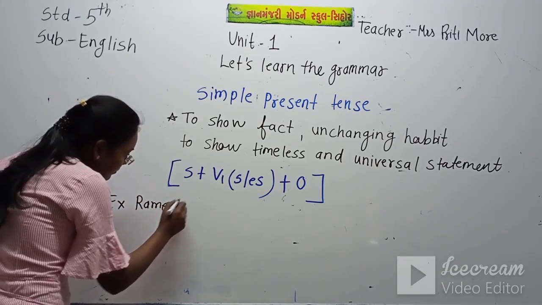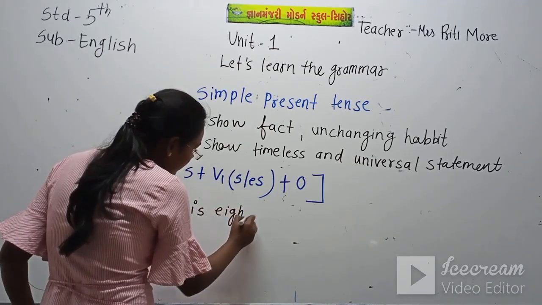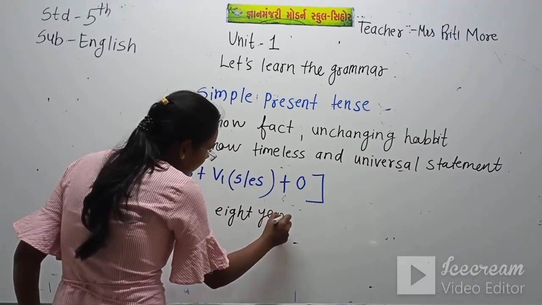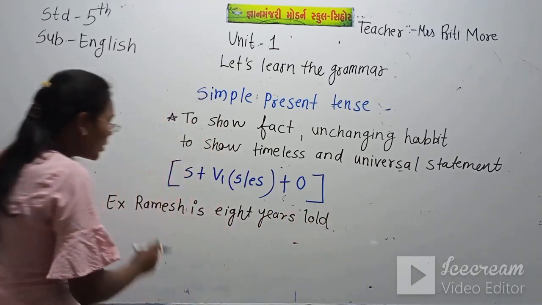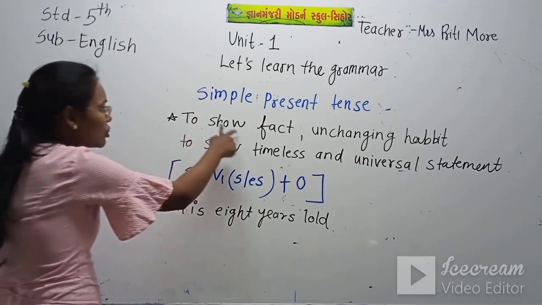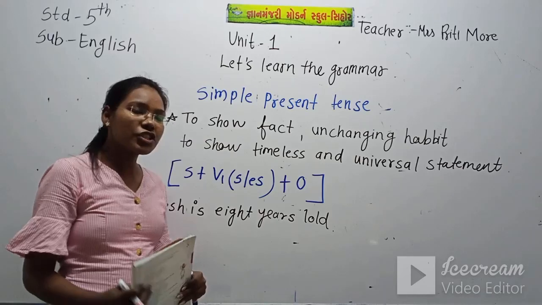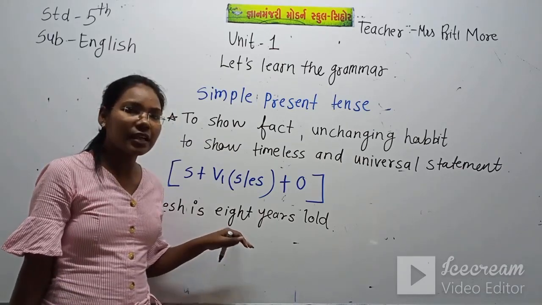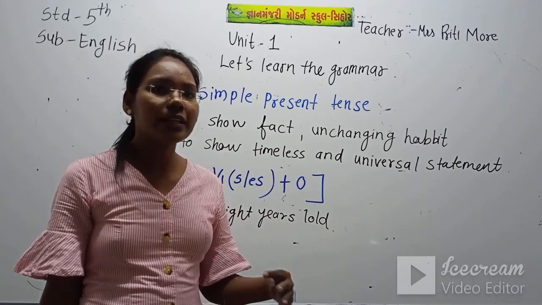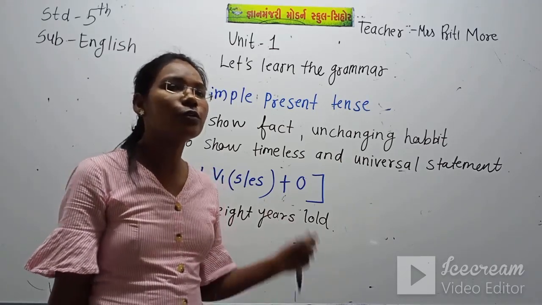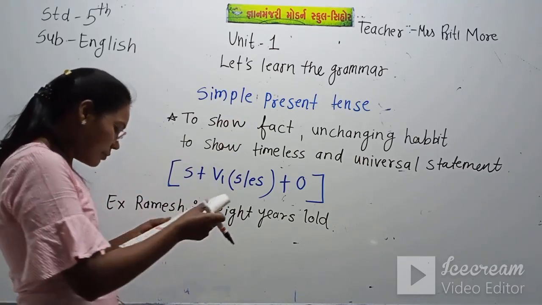Now let's see some examples. Ramesh is 8 years old. Here first we'll see how to show the fact. Ramesh is 8 years old. We cannot change it. This is the fact that Ramesh is 8 years old. If you are 10 years old, this is your fact. To show the fact we use simple present tense.